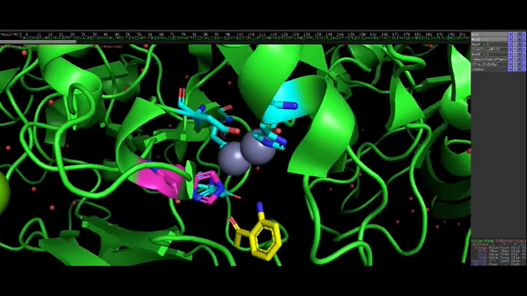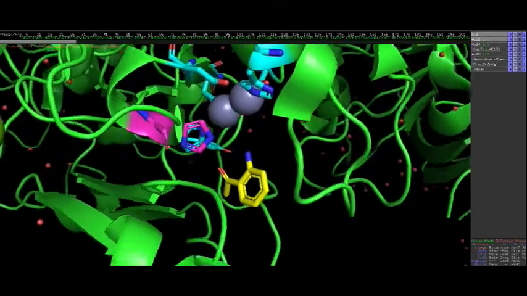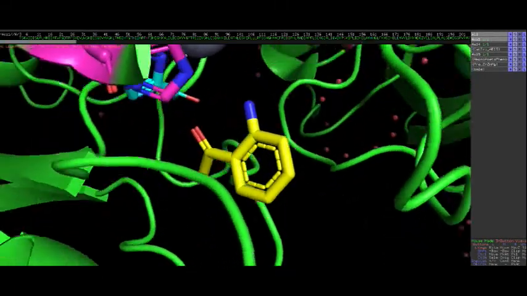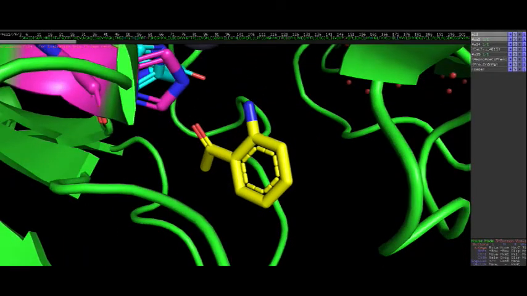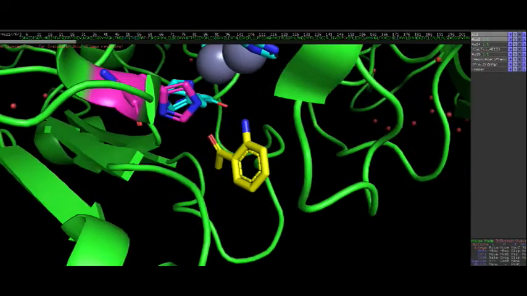That is being deprotonated. We can see down here, this is our aminoacetophenone right here. And we can see how that is brought in close to these zinc ions.